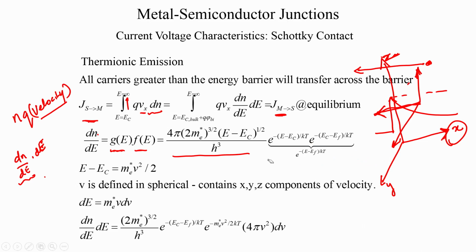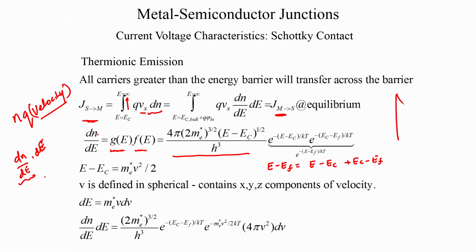Furthermore, for the sake of clarity in the analysis, we have rewritten E minus Ef as E minus Ec plus Ec minus Ef, and I have retained this term here and that term there. Why are we making the splits? This is the conduction band edge.